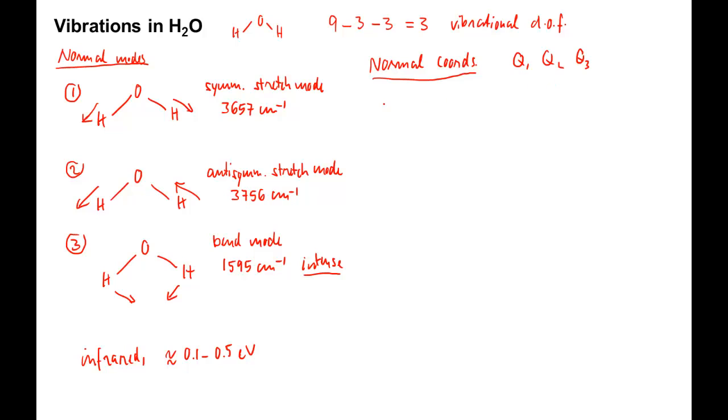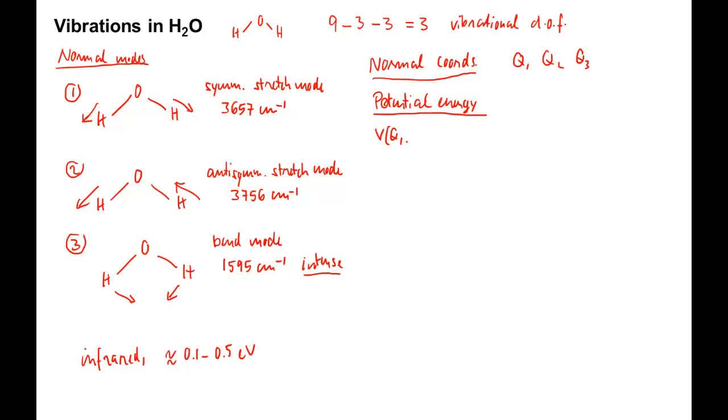Therefore, the overall vibrational potential energy of water can be described as a sum of the potential energies of the 3 independent harmonic oscillators. Here's the expression.